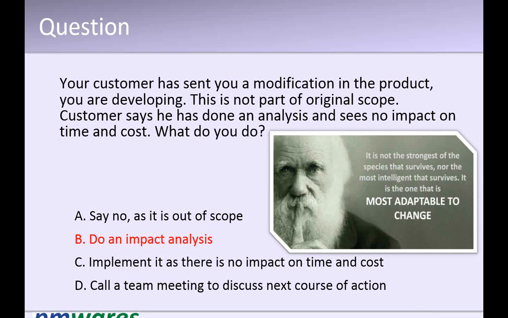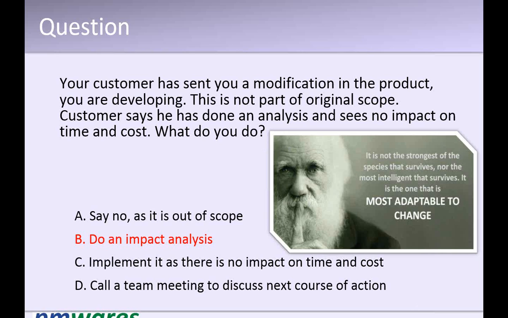And impact analysis is also a team effort. But to discuss the next course of action, what should I do, is not that. But to do an impact analysis, so actually B and D, if there's a team meeting to do an impact analysis, that is good.